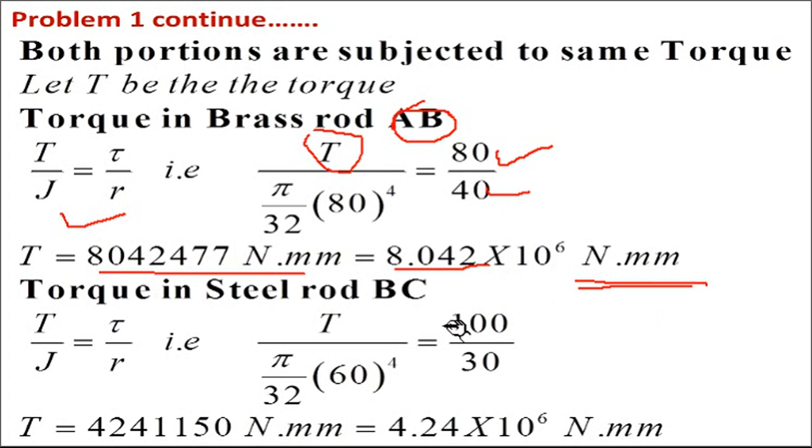Now similarly calculate the torque transmitted by steel. Why is it different here? Because the diameter of that particular bar is different and the shear stress is also given different. It is not that we are calling tau the same in one place and calculating tau separately here. Tau is definitely the same, but as the maximum stresses given for each bar are different and the diameters are different, the torques transmitted are different.